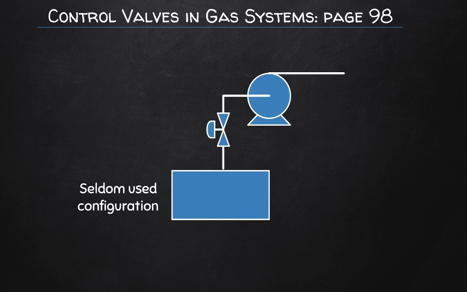Then this configuration would be good, because that would mean that if you close this valve, the liquid would run out of the pipeline that lies before the control valve, but there's always going to be liquid between the control valve and the pump and the downstream operations. So in that case, you would probably use this configuration, but other than that, it's not always going to be a good design.